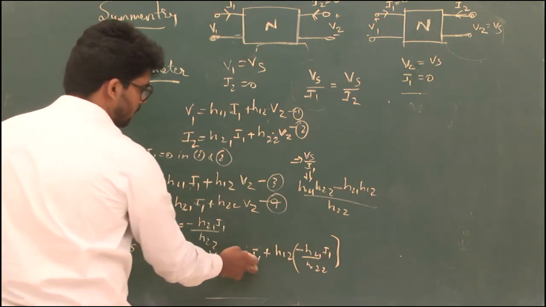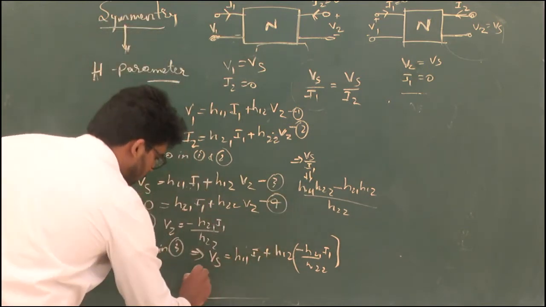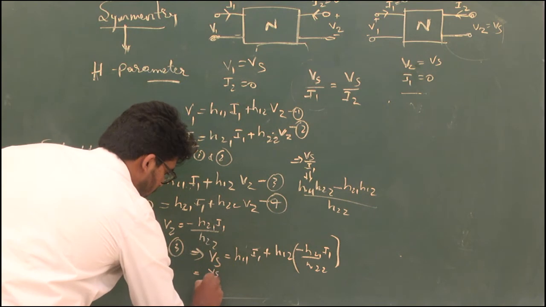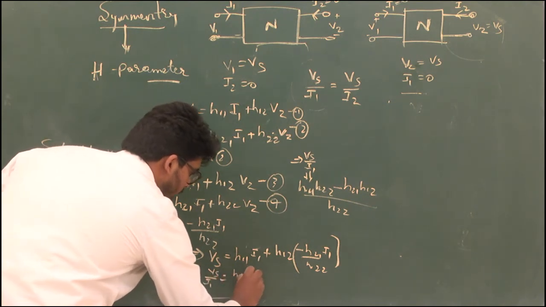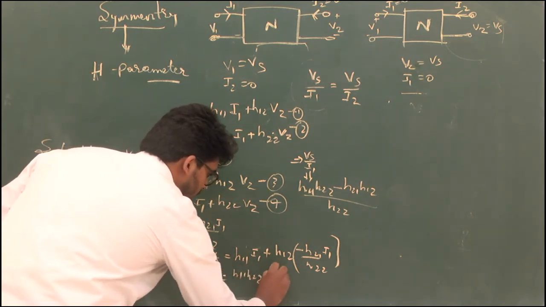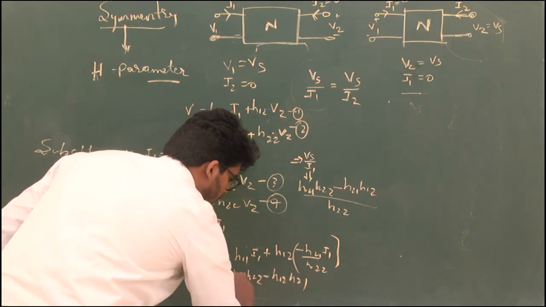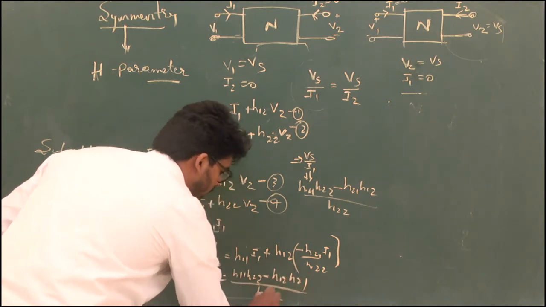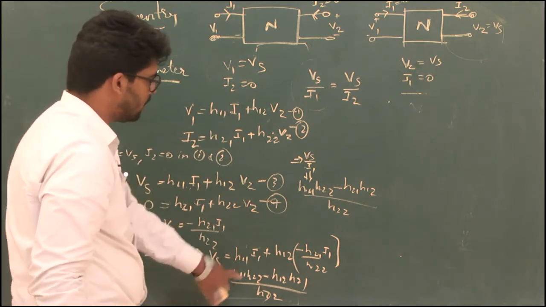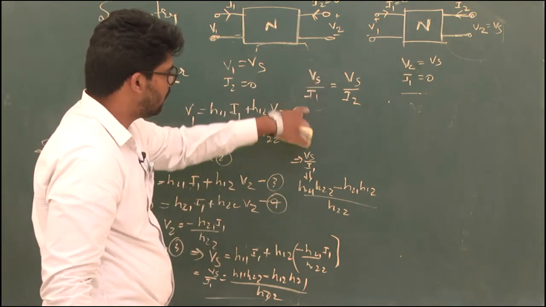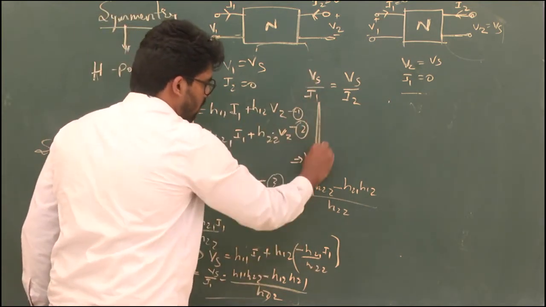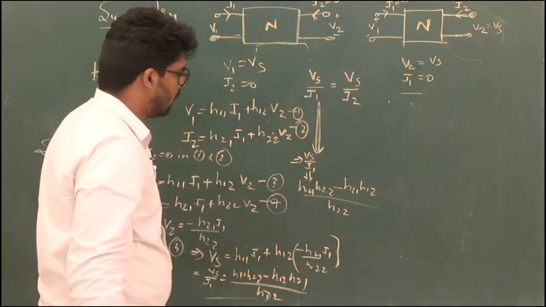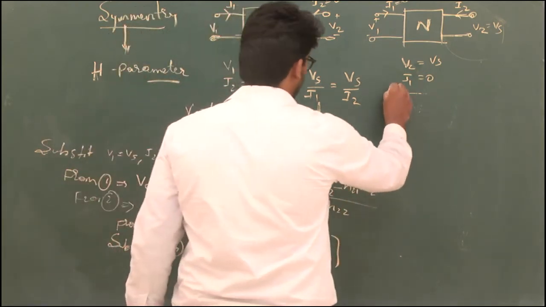Okay, this is the equation we got, that is Vs by I1, H11 H22 minus H12 H21 by H22. So I am replacing this here. In place of Vs by I1, I got this thing.